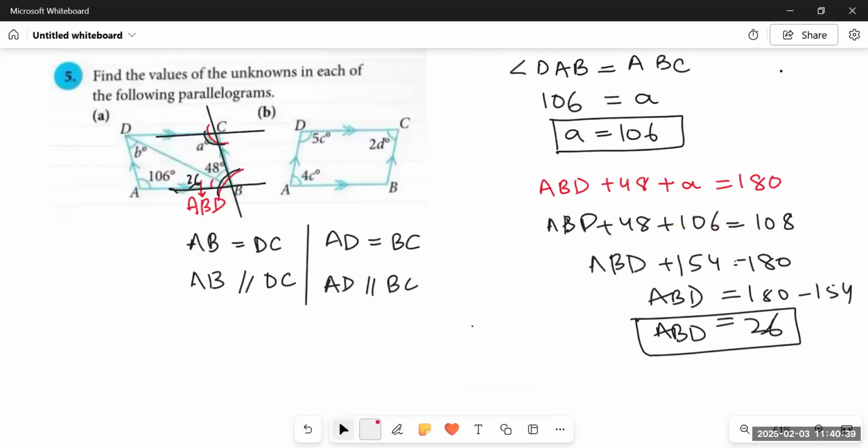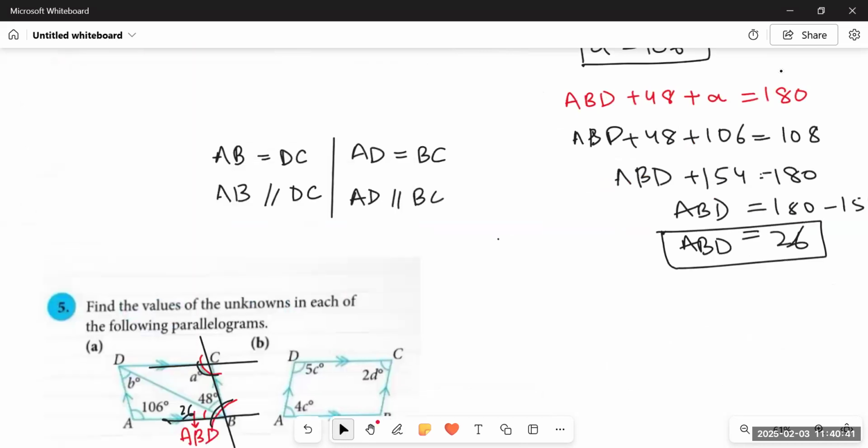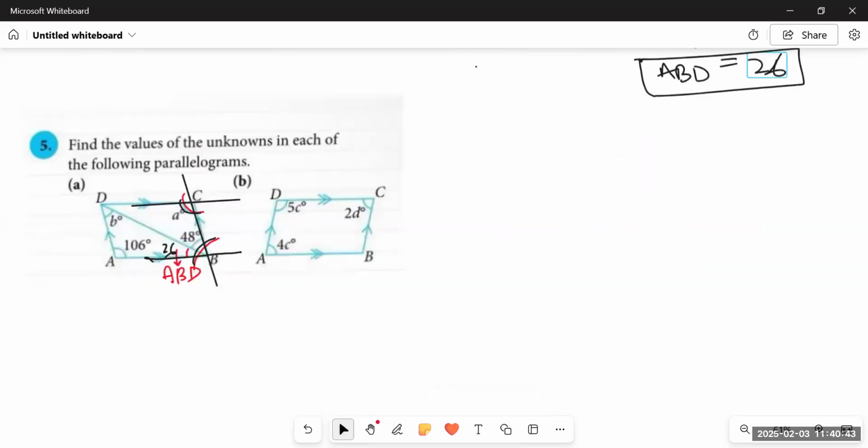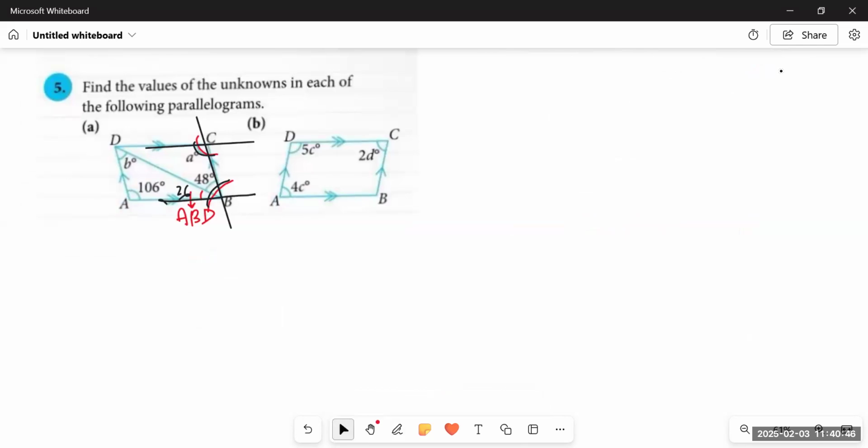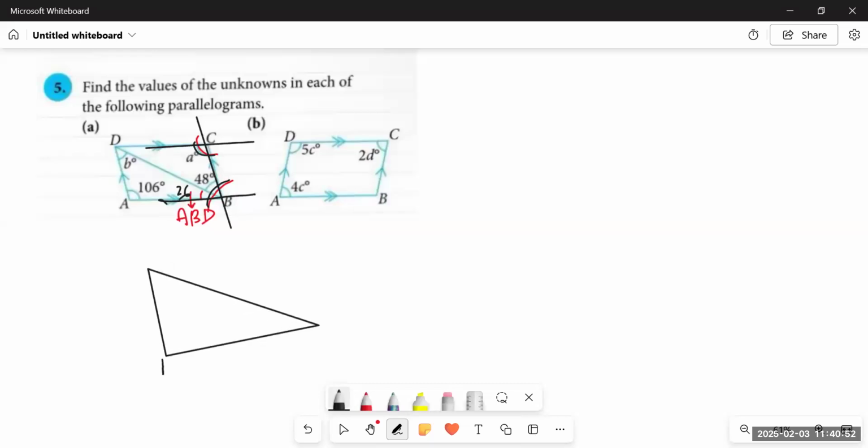Now, after finding this angle, we have to find angle B, and we can see that it's a triangle. You see? ABD is a triangle. It's like this. A, B, D. If we know two of the angles, we can find the third angle very easily using the angle sum property of triangles. We can say that angle B plus 106 plus 26 is equal to 180.